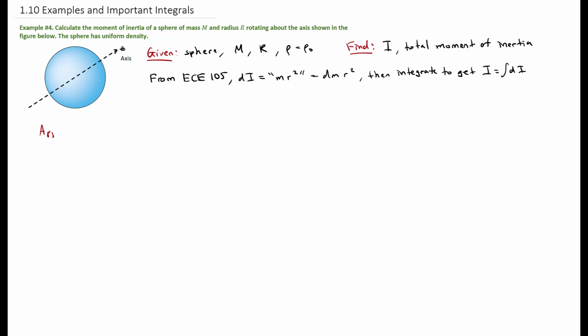So let's start with our approach. We need to find an expression for dI.